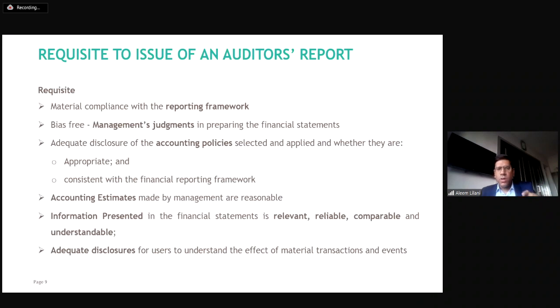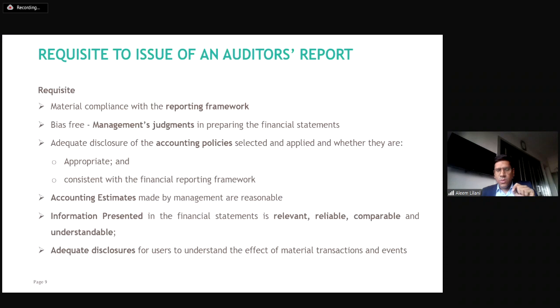Okay, so you were supposed to qualify your report because of inadequate disclosure, but you have not. We often don't realize that if the client does not adequately disclose the material transaction events, we as auditors should qualify the report.